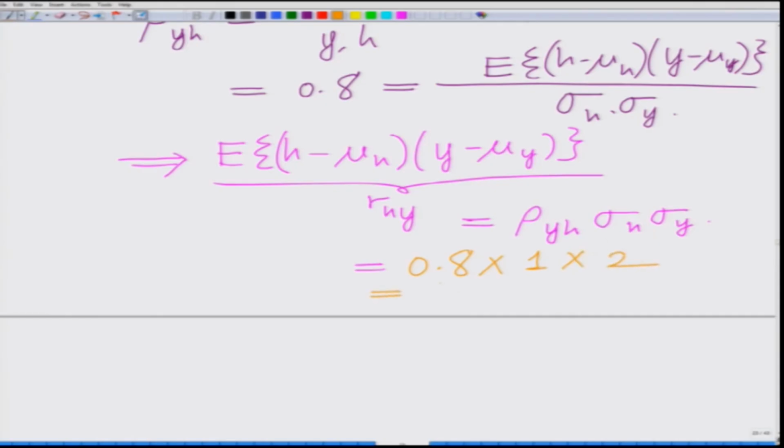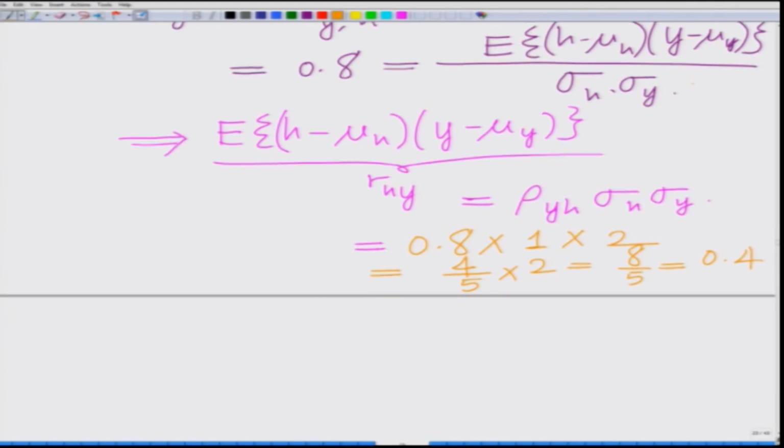So this is 0.8 into 2, which is 4 by 5 into 2, which is 8 by 5, or 1.6. So this is your RHY, 8 by 5.